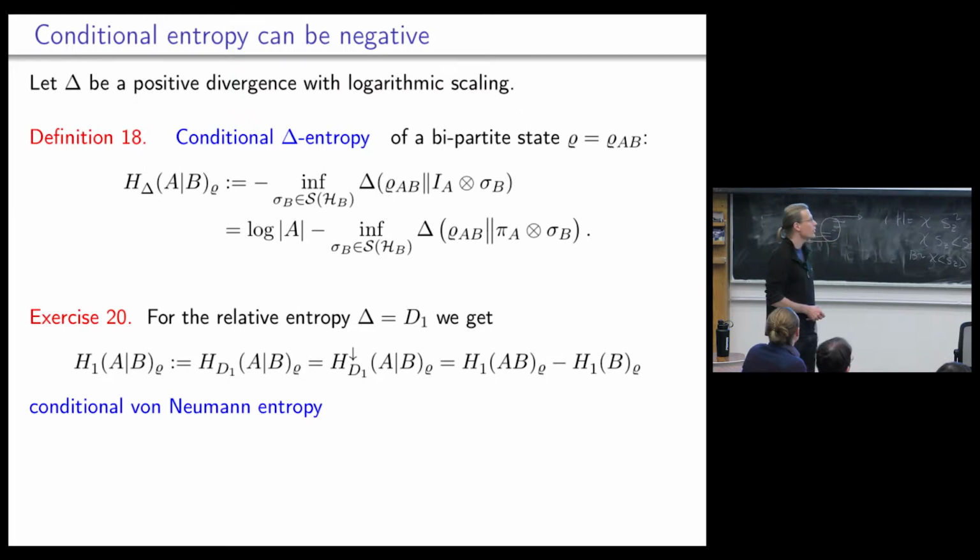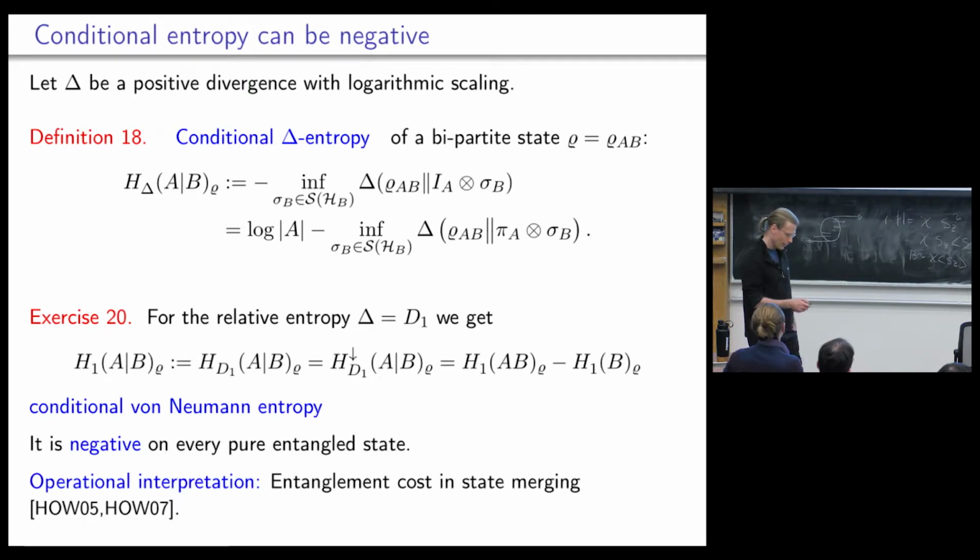The case of the relative entropy is different. If we start with the relative entropy, then we can actually find the unique optimizer here, which is just going to be the marginal. So these two variants are going to be the same. And this is just the expression that we have seen for the conditional Shannon entropy: we take the entropy of the joint system and subtract the entropy of the second system.